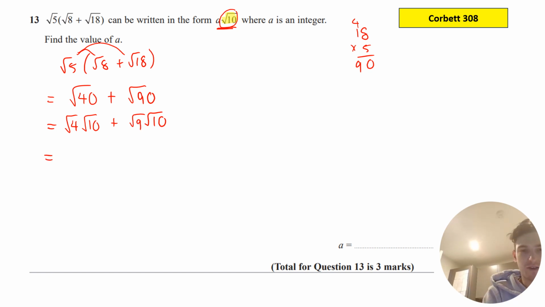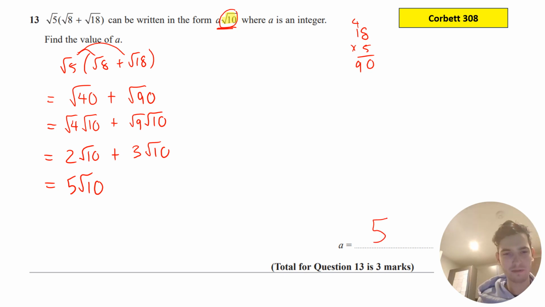Root 4 is 2. And root 9 is 3. So I've got 2 lots of root 10 and then 3 lots of root 10. So 5 lots of root 10 is my answer, but it tells me what is A. So A is 5. Next question.